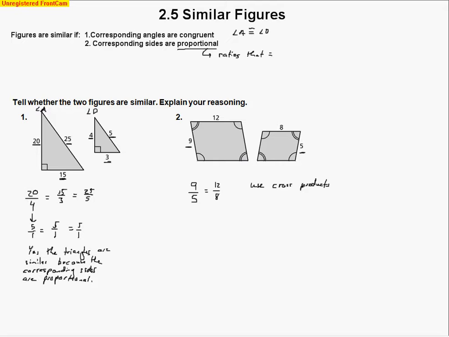So let's try this. If I go ahead and cross multiply the 5 and the 12, so 5 times 12, I'll set that equal to 9 and 8 being multiplied, 9 times 8. So this gives me 60, and this gives me 72. So I see those two numbers do not equal, so they are not proportional.